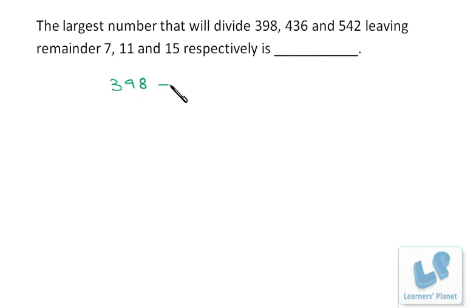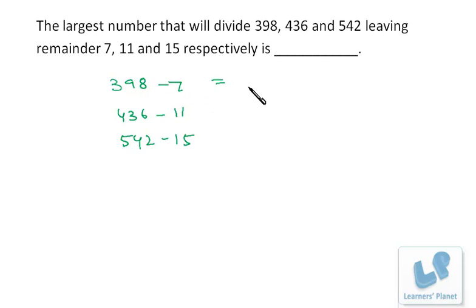That means 398 minus 7 is a multiple of x, right? Similarly, if 436 is divided by x, 11 is the remainder. That means 436 minus 11 is a multiple of x, right? Similarly, if 542 is divided by x, 15 is the remainder. So 542 minus 15 is also divisible by x.